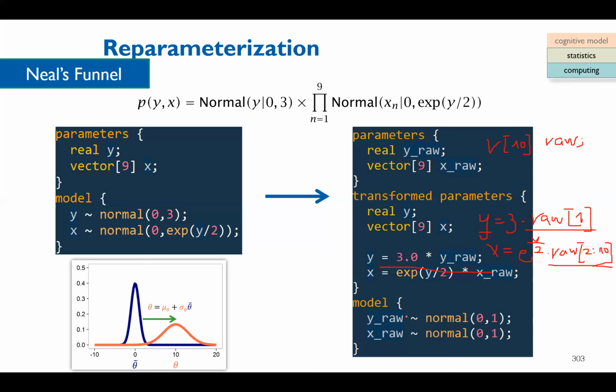This is how to do that. If we want to say here we have a raw variable and that follows unit normal, this is how that works.